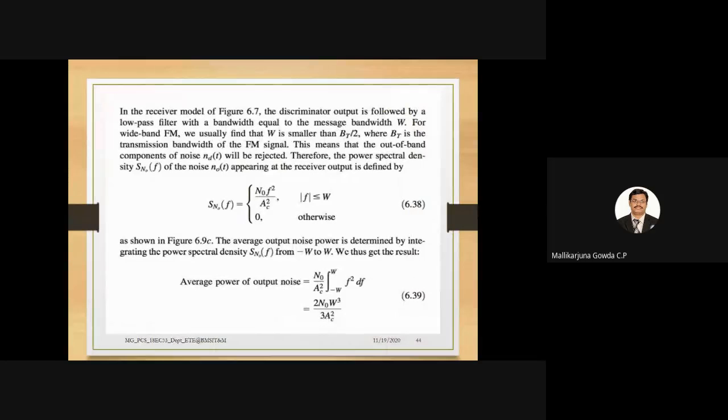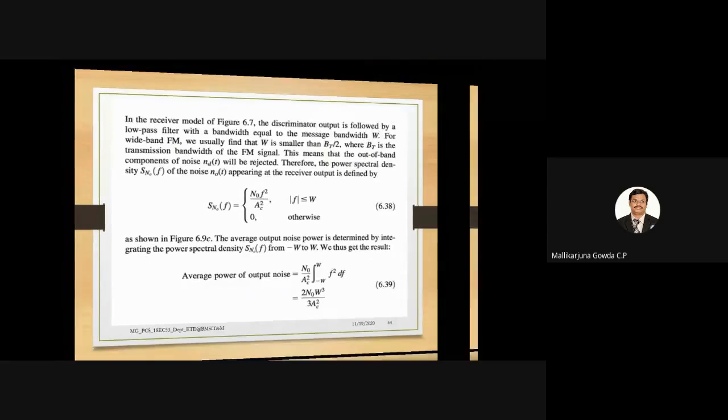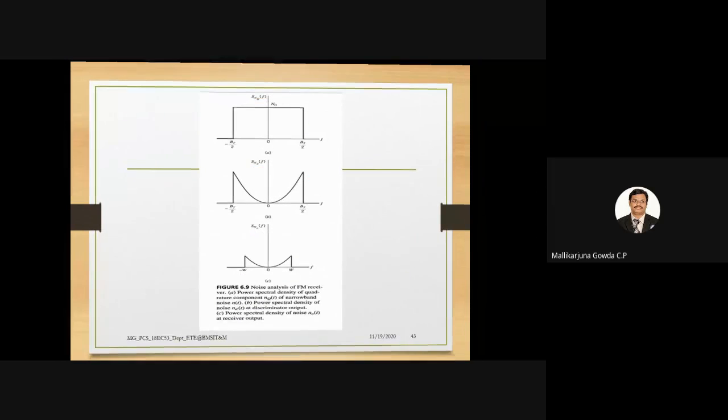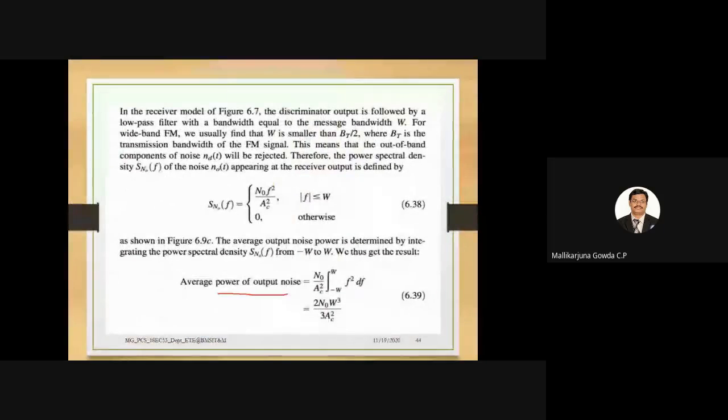Then here we found the average power of the output noise. We are going to integrate the area of this third signal. So this will be N0 by Ac squared, integral from minus W to W of f squared df.